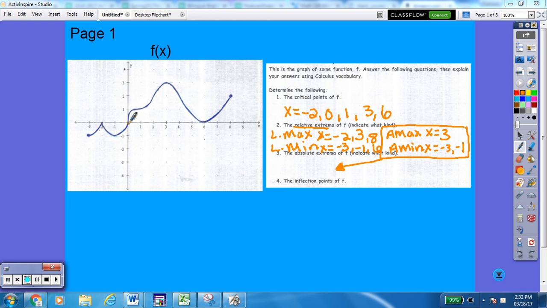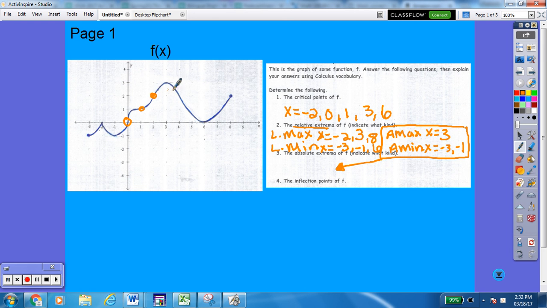But if you notice here, we're going to switch from up to down for just a little bit here, so x equals 0 is going to be an inflection point, and then it switches right back up at, looks like 1, so it's concave up and then down and then up, and right about 2 it looks like it switches back to down.